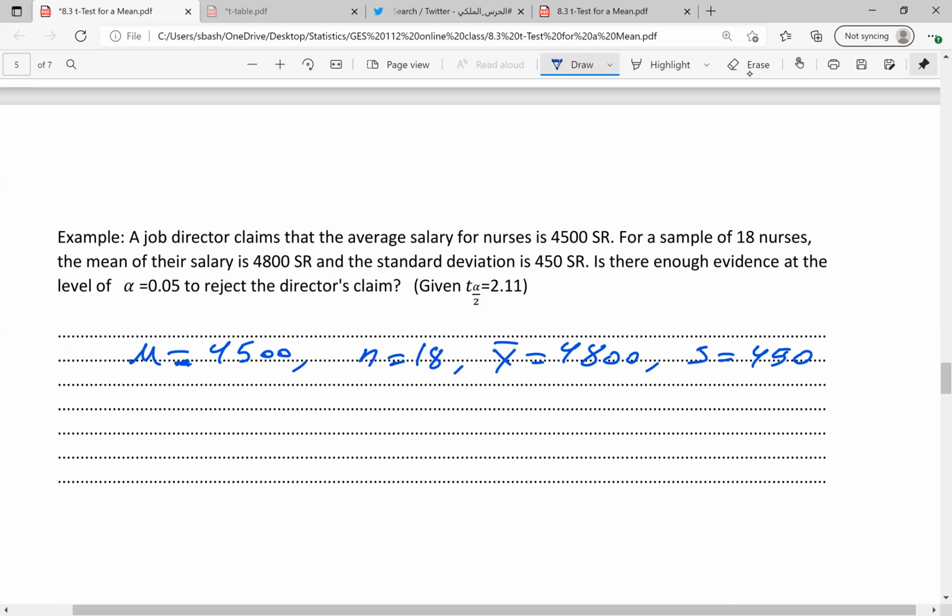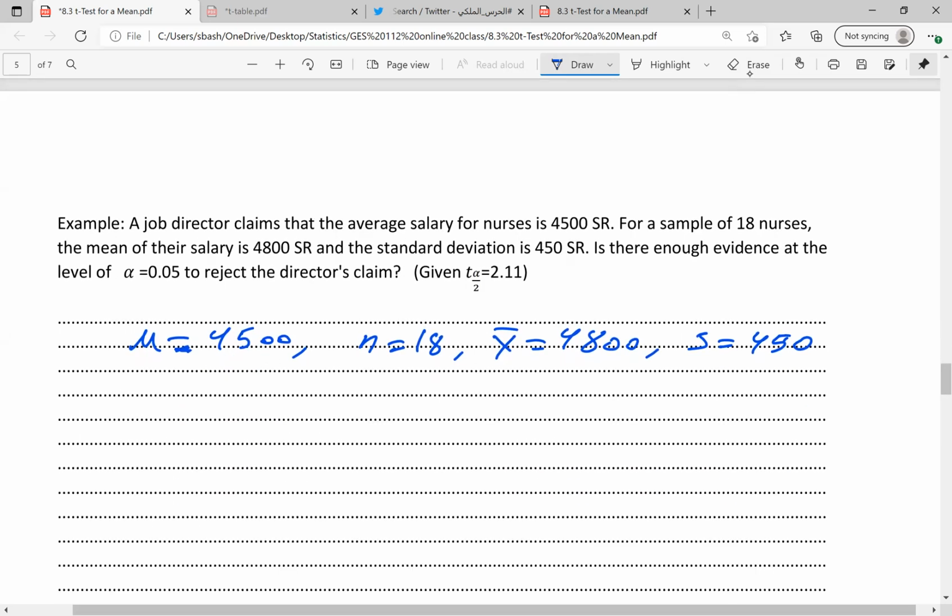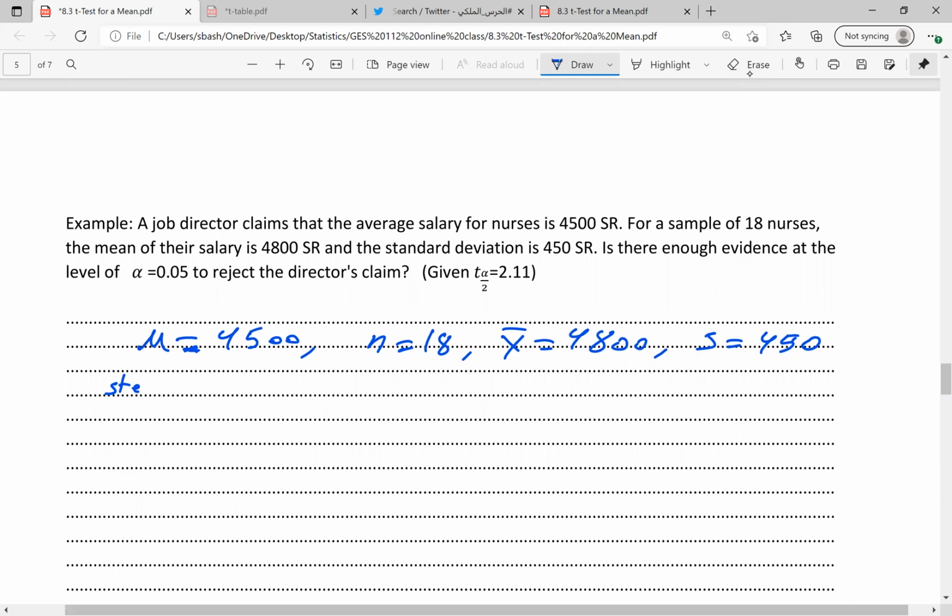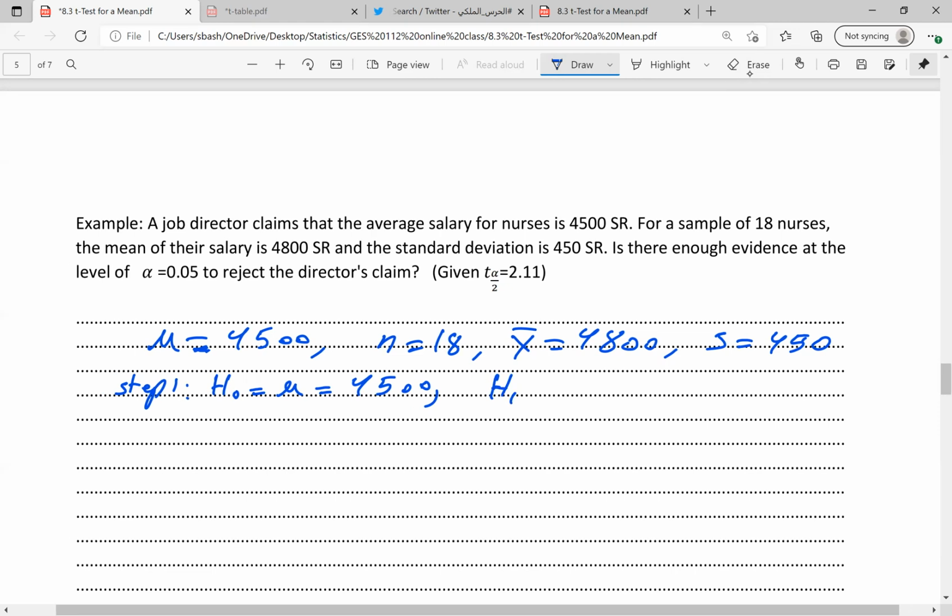So step number 1, state the hypothesis. The null hypothesis H sub 0: mu equal to 4,500. Alternative hypothesis H1 is not equal to.